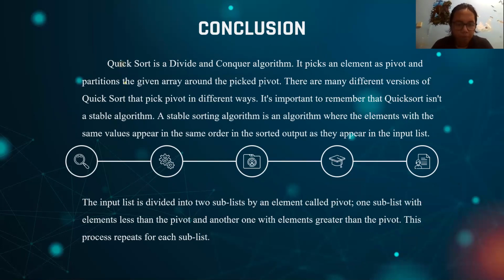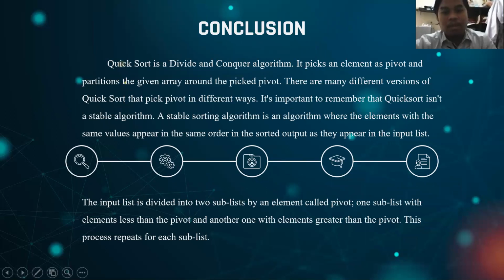The conclusion is that Quicksort is a divide and conquer algorithm. It picks an element as a pivot and partitions the given array around the pivot. There are many different versions of Quicksort that pick the pivot in different ways. It's important to remember that Quicksort isn't a stable algorithm.